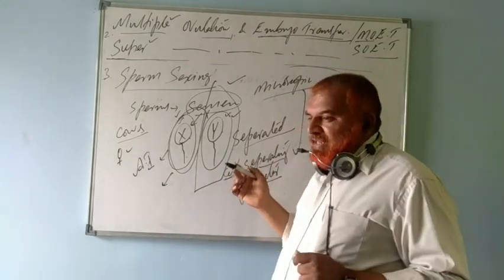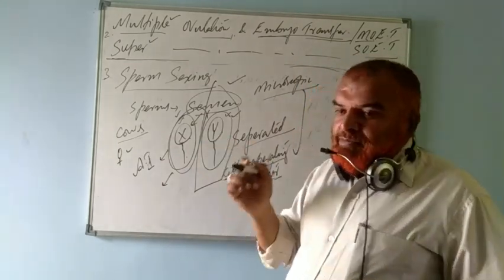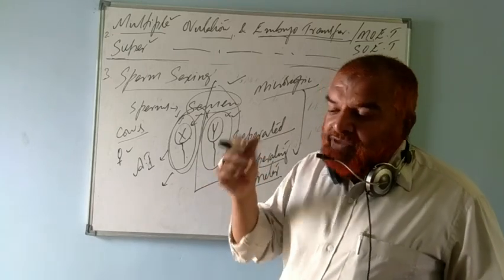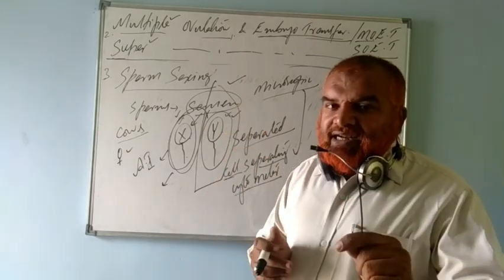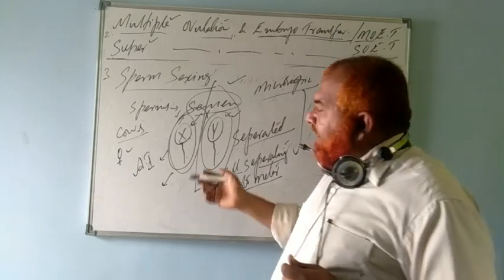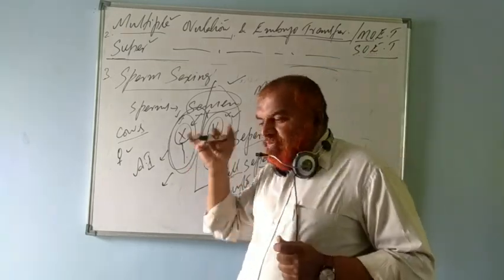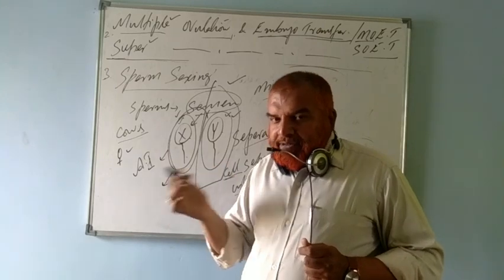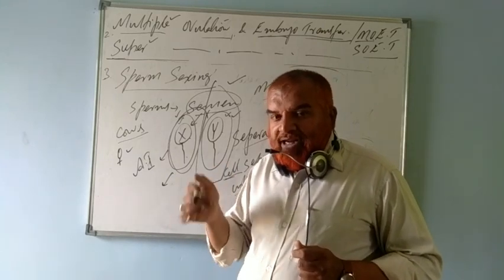When Y chromosome carrying sperm fertilizes, the resultant young one will be a bull. You know this. When the X chromosome carrying sperm fertilizes, the resultant young one will be a female or a cow.